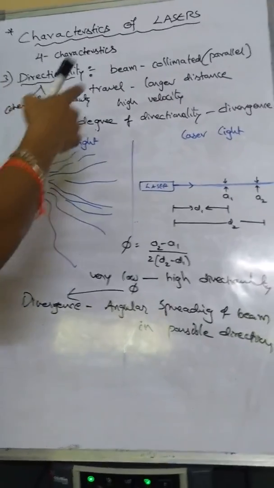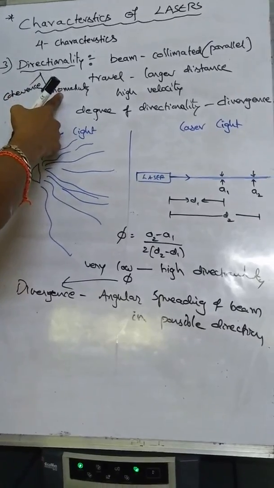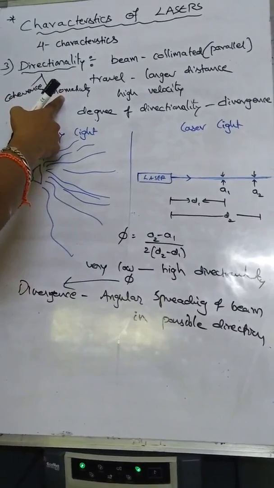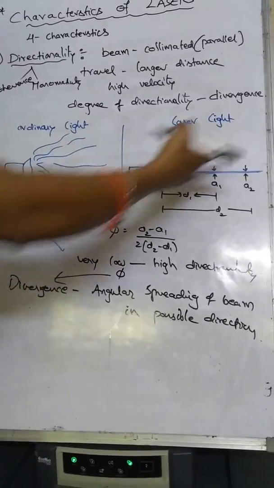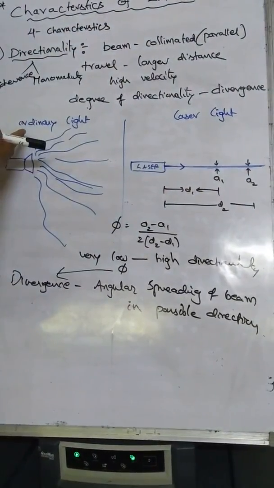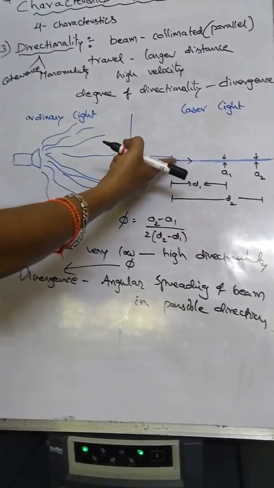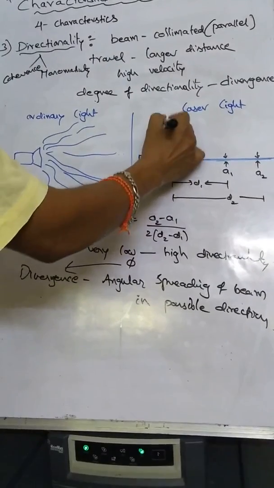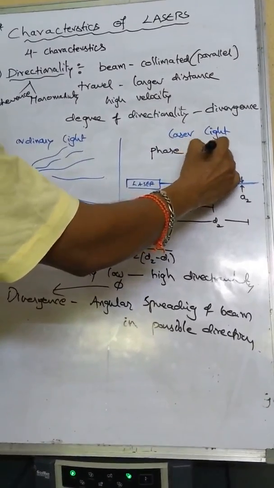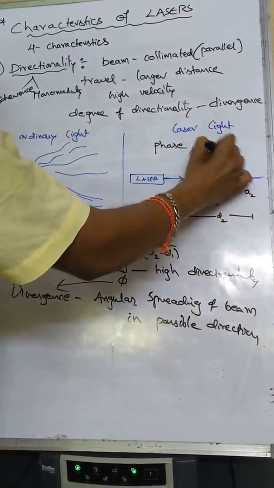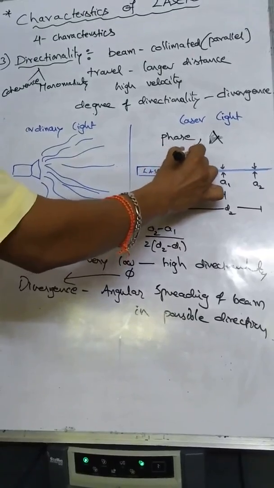Coherence, that is maintaining the same phase and amplitude and a single frequency, leads to directionality, whereas multiple wavelengths cannot propagate over a long distance, as in the case of ordinary light. But in a laser light, as the light beams are in phase and maintain a single frequency or single wavelength lambda, this leads to high directionality.